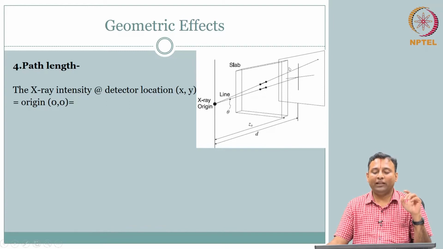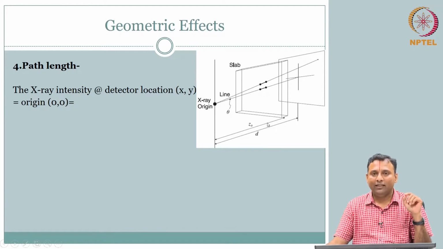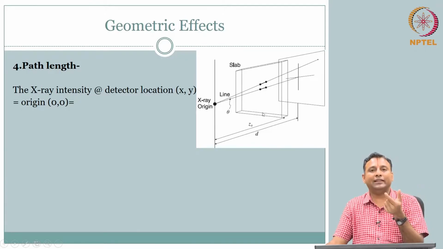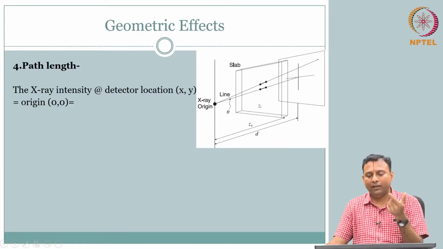Now if you have a slab, amidst the other geometric effects, because we have a slab structure, what is going to happen? The X-ray going along the center goes through a path length of the object thickness, same material, so what is at the origin here is attenuated by a path length of only delta x.